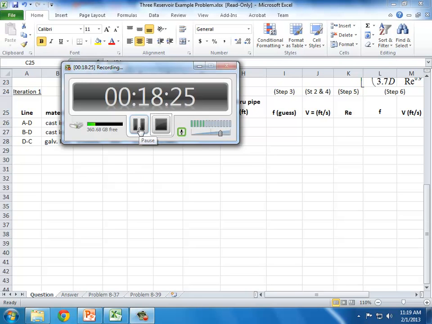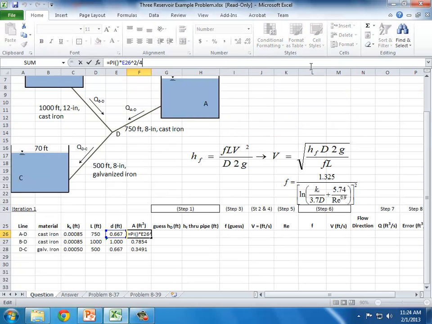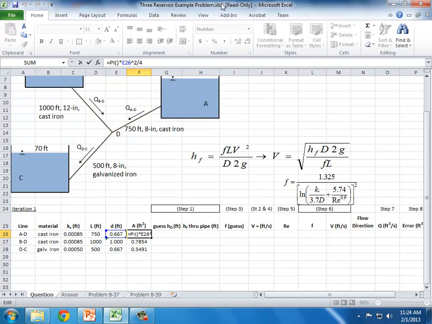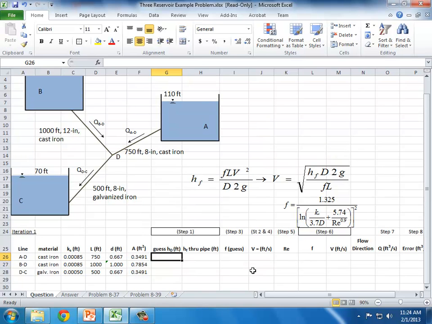I'm going to pause this momentarily. Okay, area is pi D squared divided by 4. For our guess value of the head at D, just to see how things go, I'm going to pick a different value than I normally pick.